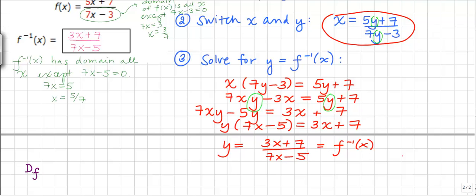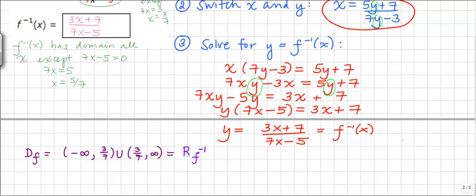So since the domain of f is the interval everything except 3/7, that automatically means that the range of f inverse is that same set.